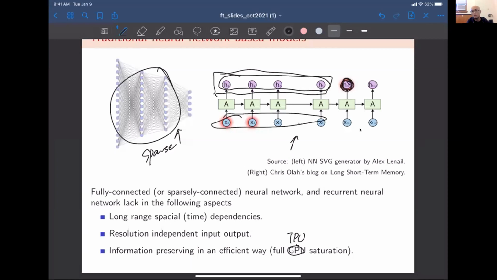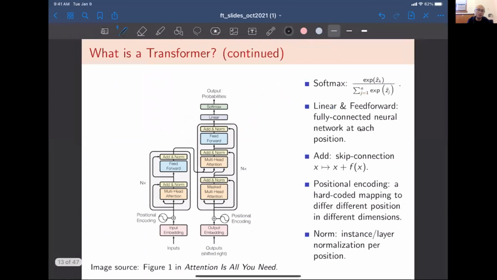Let's say we have to wait for the GPUs in a cluster to finish all these tasks. It's not ideal. So then Google invented a model that can fully saturate the TPU. The temporal dimension, these long-range time dependencies, does not have to be handled in a sequential way. And this is the transformer.